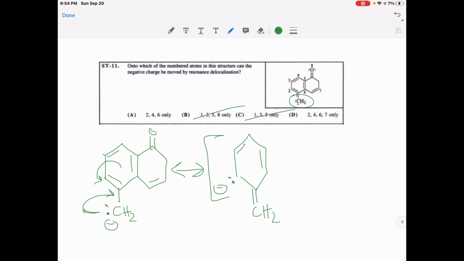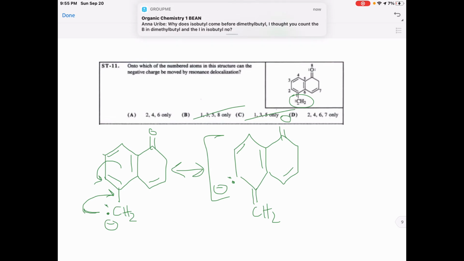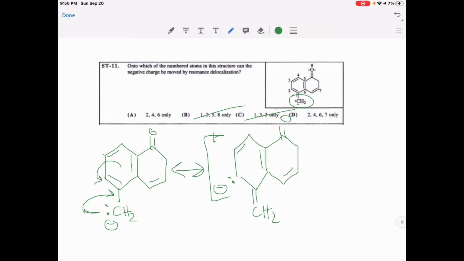That gives us a negative charge, and when we add the remainder of the molecule, it gives us that extra resonance structure. So that's our first spot, so 2.